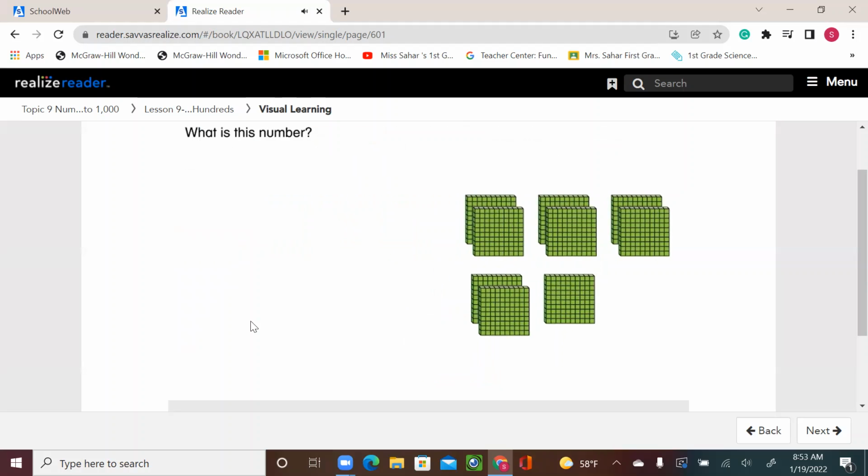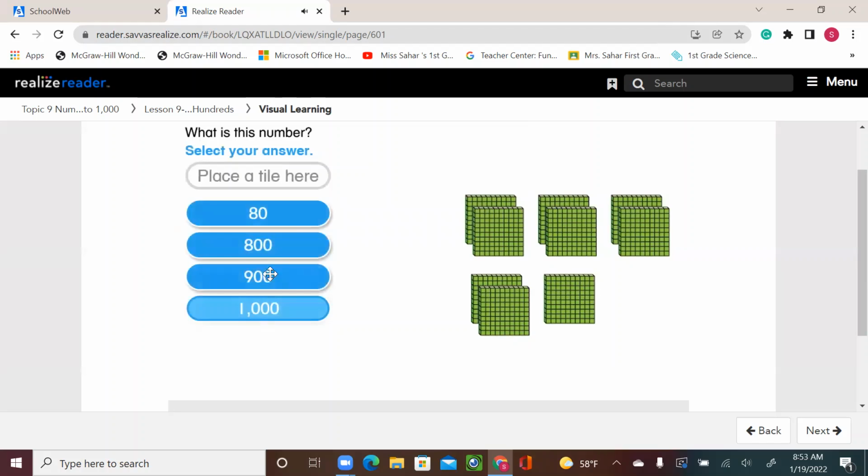What is this number? Select your answer. Okay, so we know that each box has 100, so we can count how many. 100, 200, 300, 400, 500, 600, 700, 800, 900. So let's see.